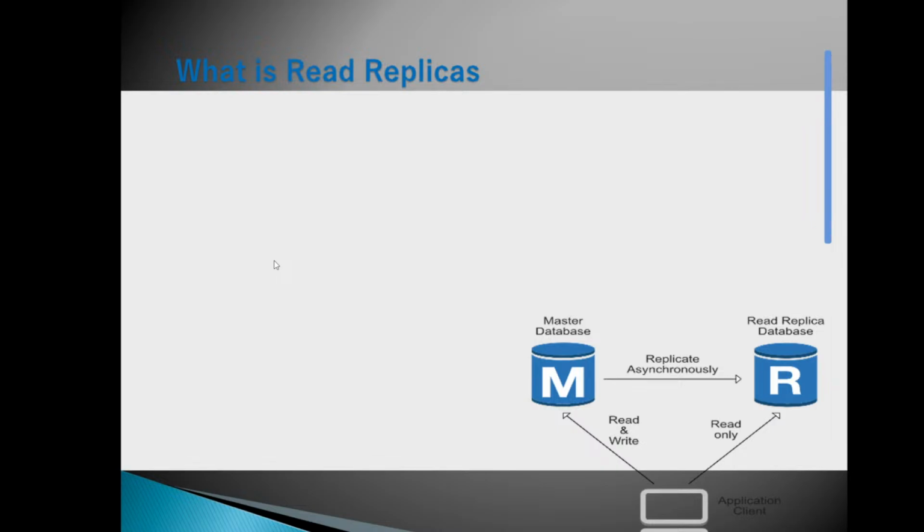And if you increase the number of people, the task can be done more quickly. So read replicas are kind of helper nodes for your primary machine.